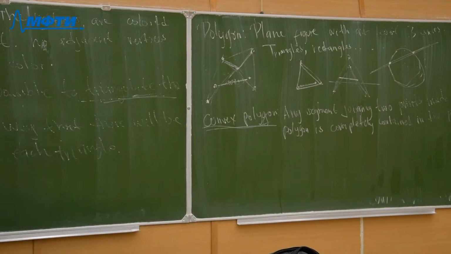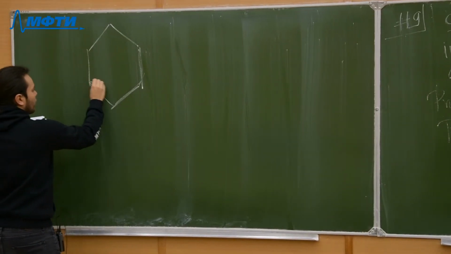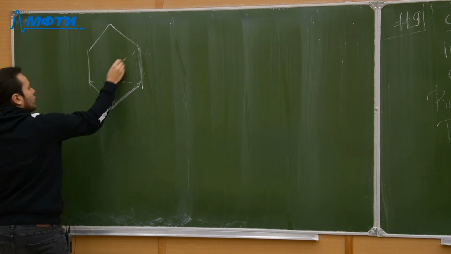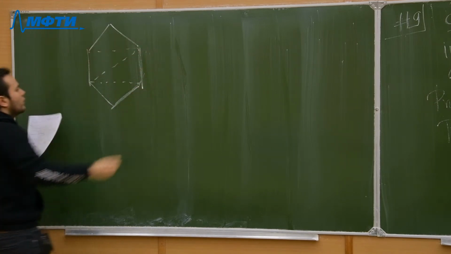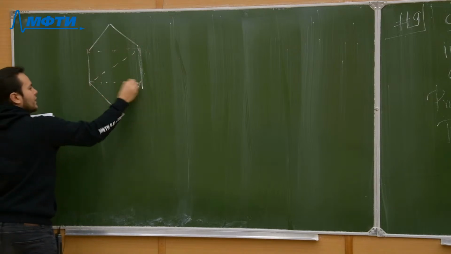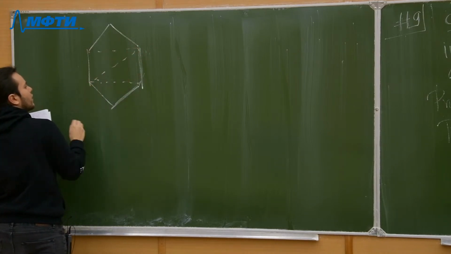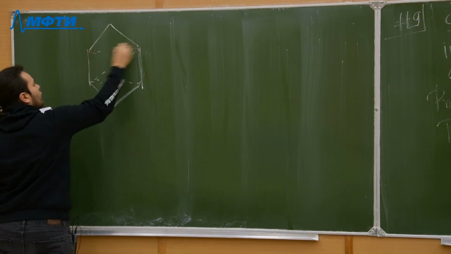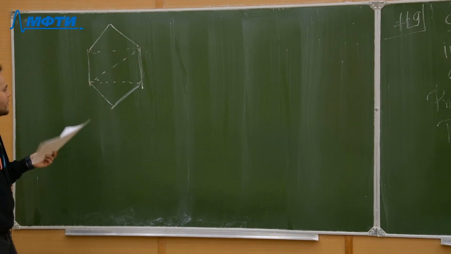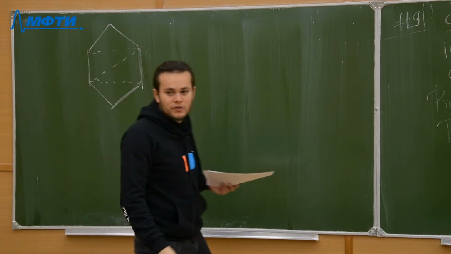And then, for example, if we have this, so this is a convex polygon, and we can do the following, right? This and this and this, okay? And we have 1 triangle here, another triangle here, 3 and 4, okay? That's it. So this is the meaning of a triangulation.